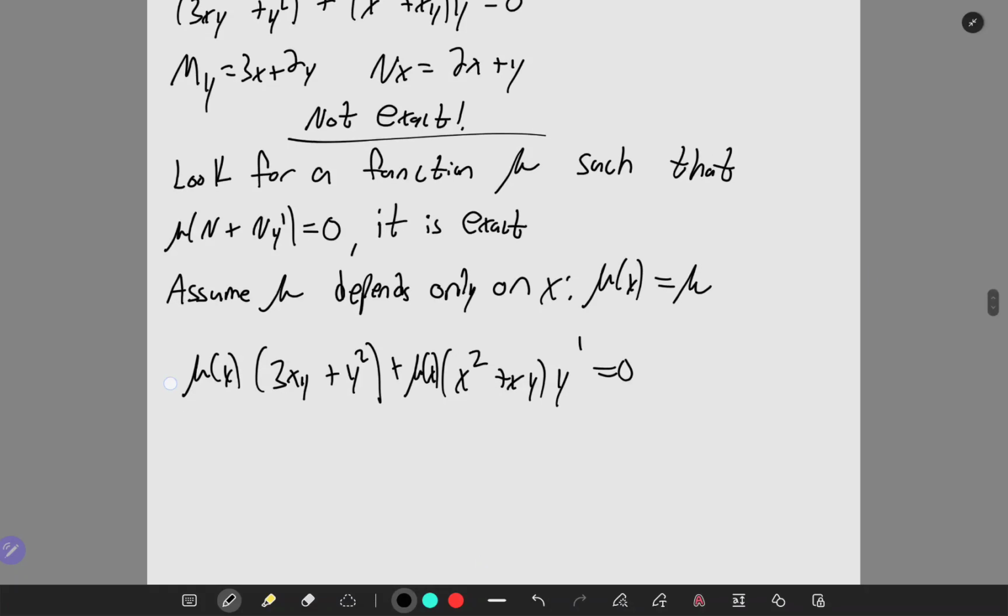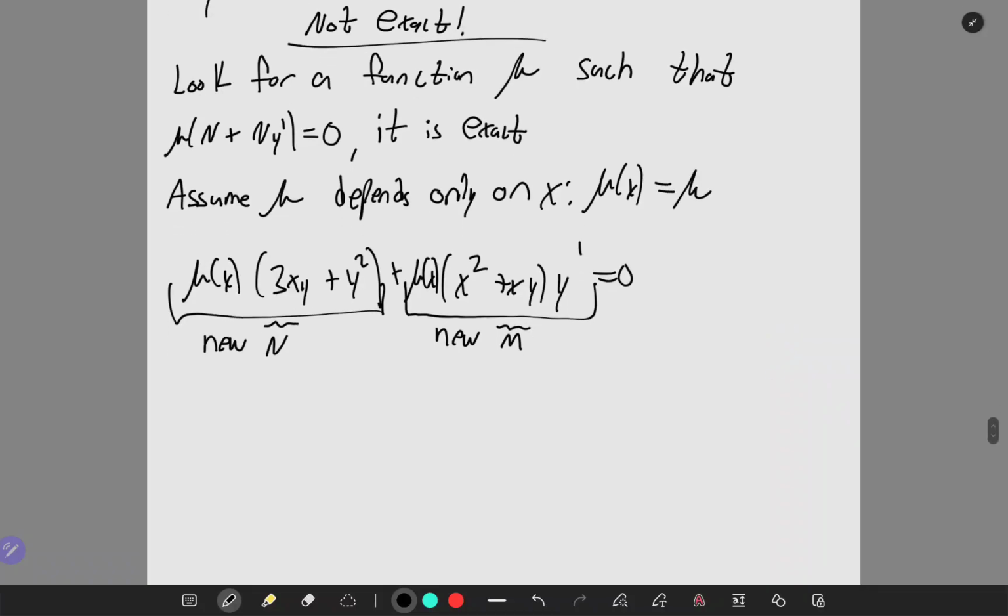So this will become our new M, and this will become our new N. My professor called it M twiggle and N twiggle.